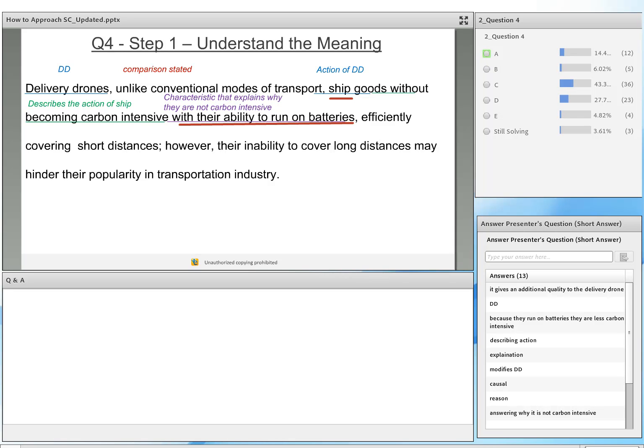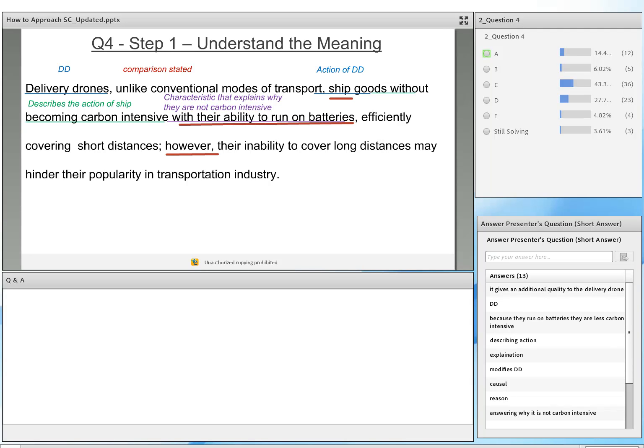However, their inability to cover long distances may hinder their popularity in the transportation industry. So there is a contrast here. The contrast is that because they are not able to cover long distances, this inability may get in the way of their popularity in the transportation industry.